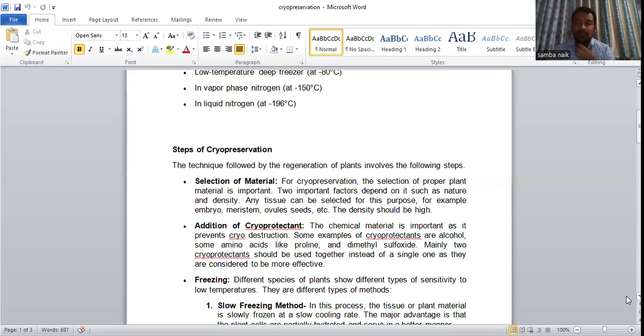Two important factors depend on it, such as nature and density. Any tissue can be selected for this purpose, for example, embryo, meristem, ovules, seeds, etc. These are all important elements to preserve.